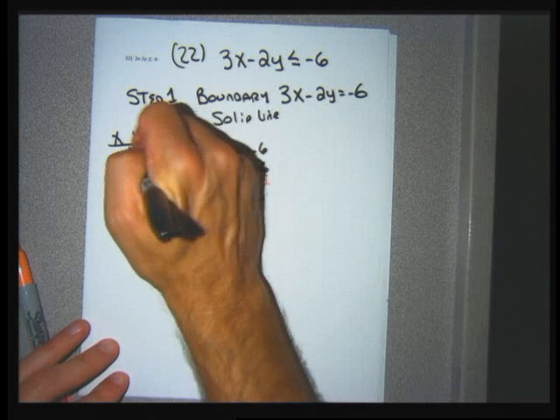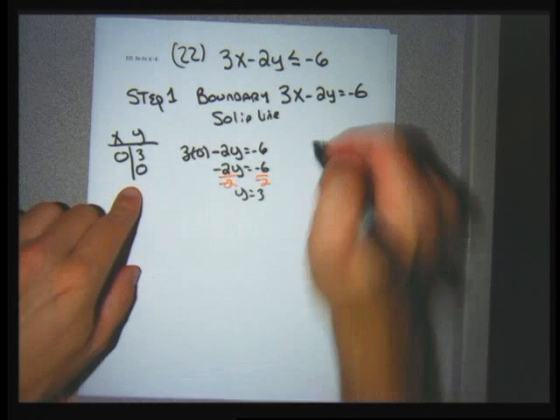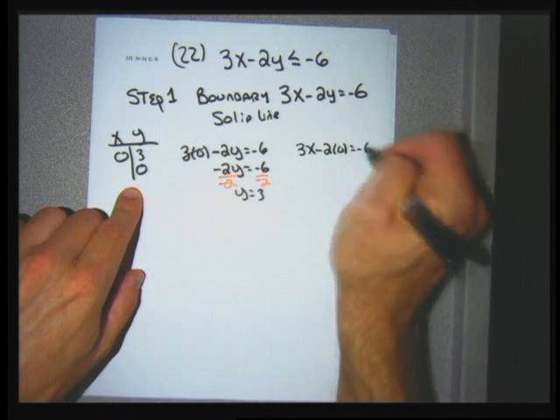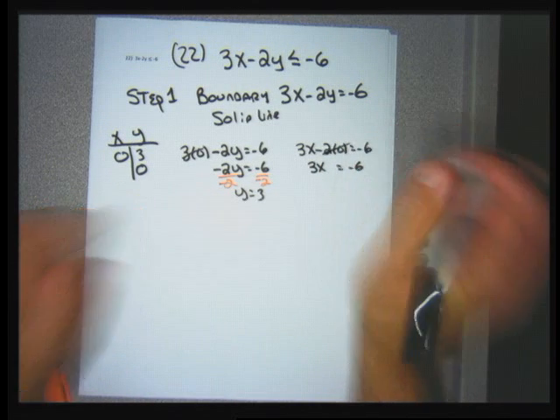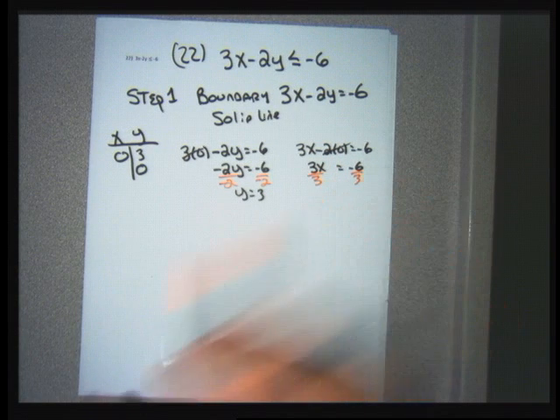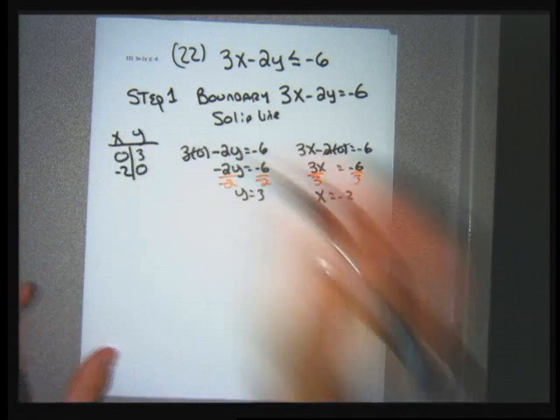So one of the points I'm going to plot is the point (0, 3). If I plug 0 in for the y, I go 3x minus 2 times 0 equals negative 6. This gives me 3x equals negative 6 because that piece zeroes out. I divide both sides by 3, and I get x equals negative 2. So now I'm going to plot the point (-2, 0).